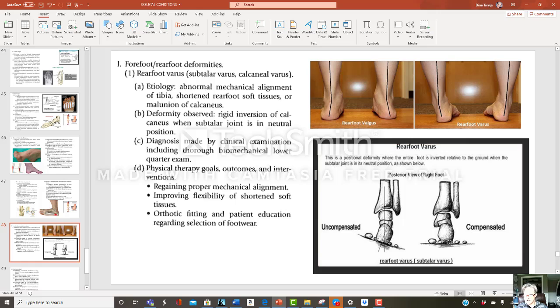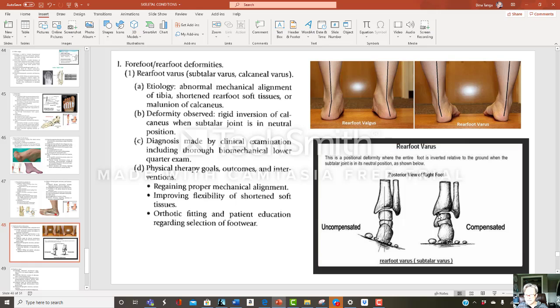So this is uncompensated. The subtalar joint here is in neutral position, but the rear foot varus, see the angle? So compensation is made when the foot is on the ground and weight bearing.